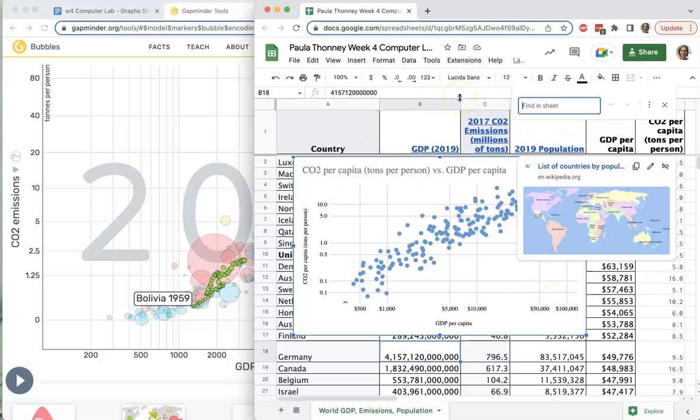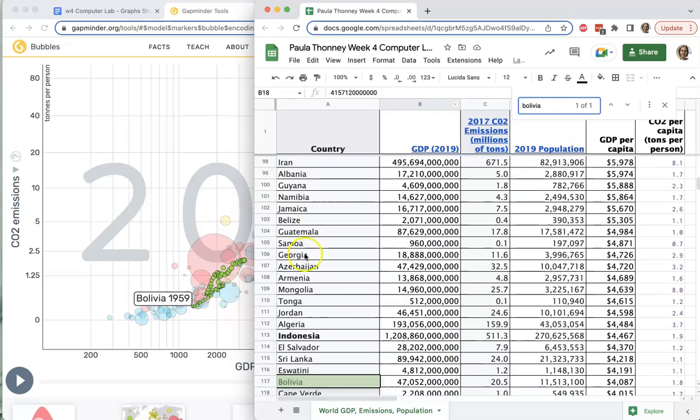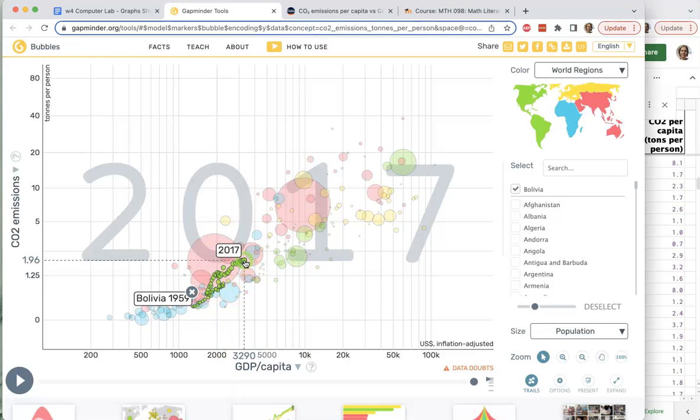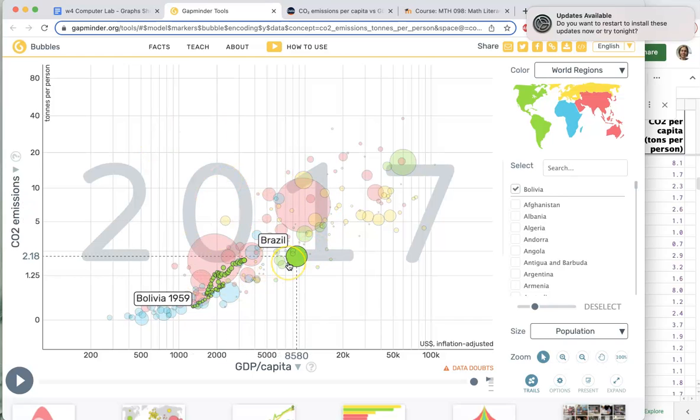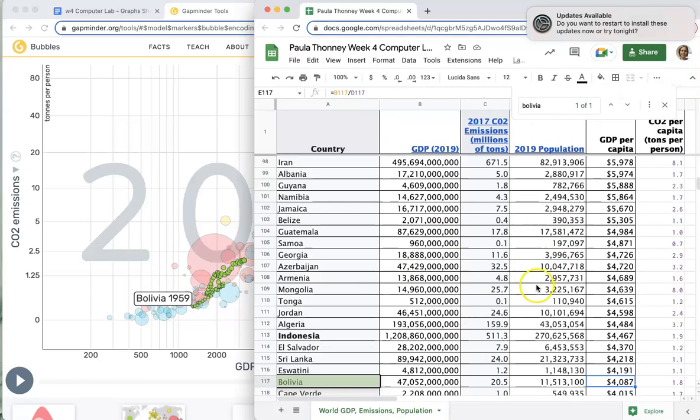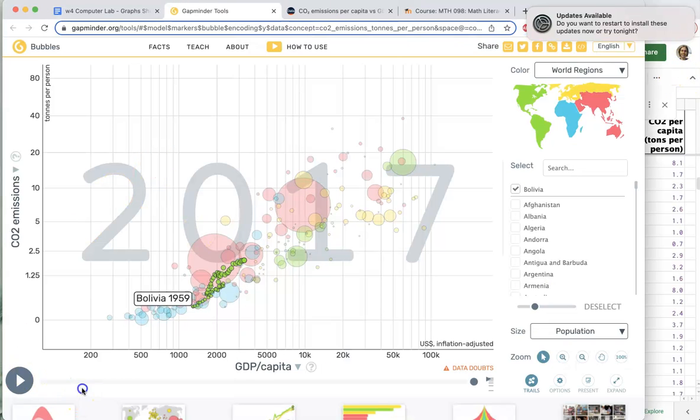I'm going to do a Control F, Bolivia, and we have CO2 at 1.8 and GDP per capita 4,000. So clicking here, 1.8, okay, not that different. And this is saying 3290. So slightly different values, but not too far off from the data that I had dug up. So again, I'm not using the exact same data they have, but with my digging, I was able to come up with these figures, and they're pretty similar.